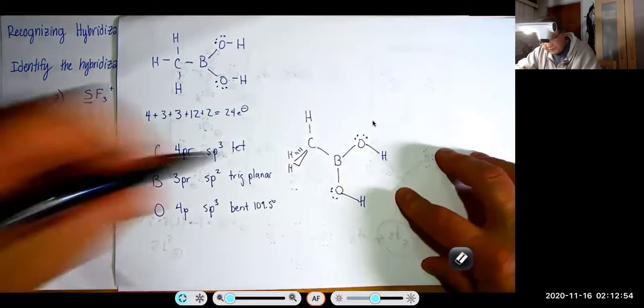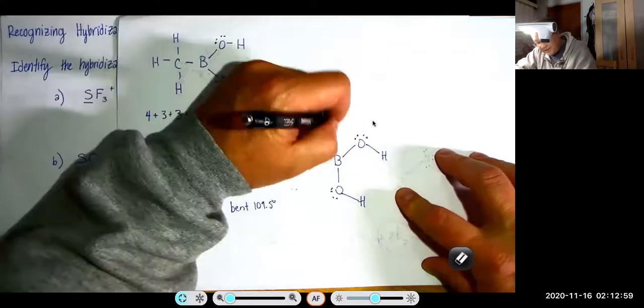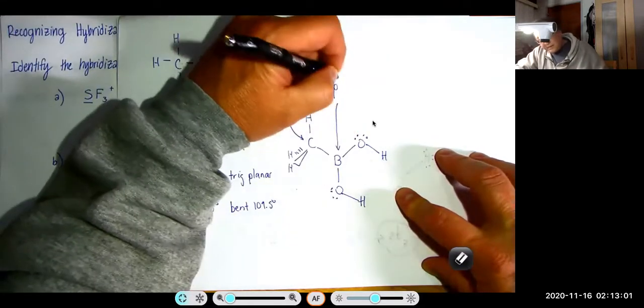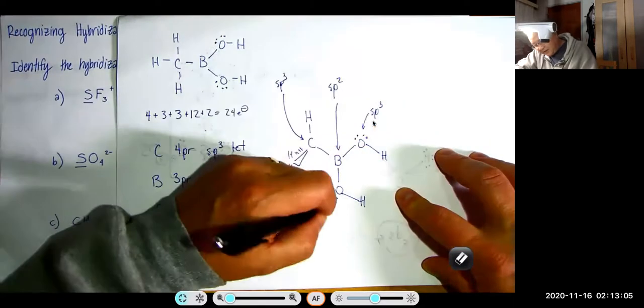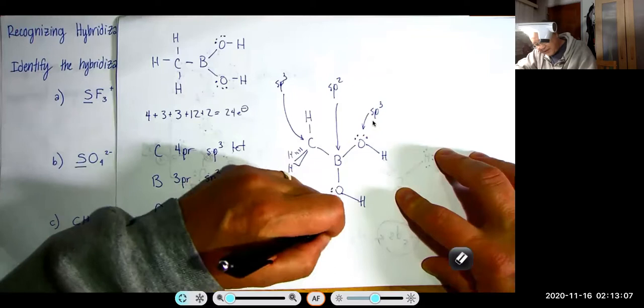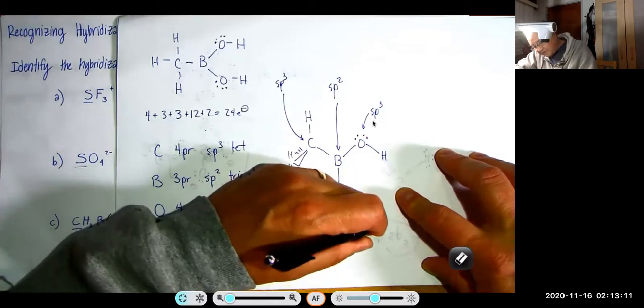And so here, sp3 hybridized, here, sp2 hybridized, here, sp3, here, sp3, and this one is bent 109.5.